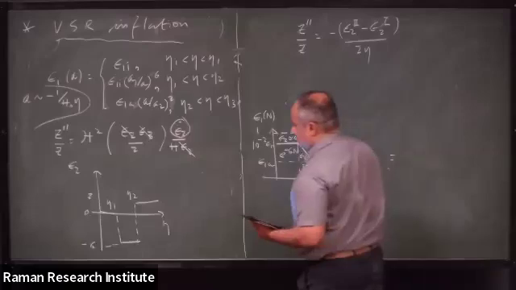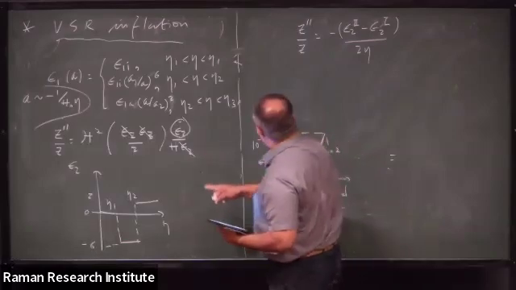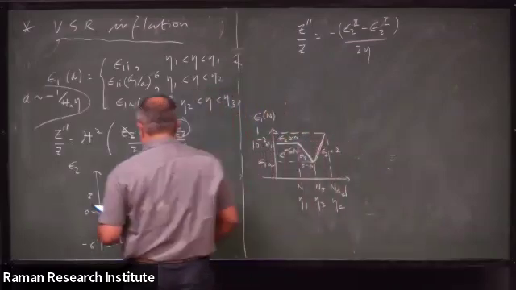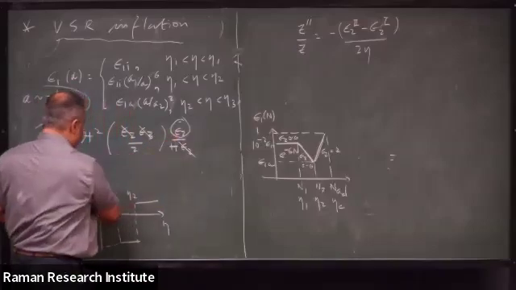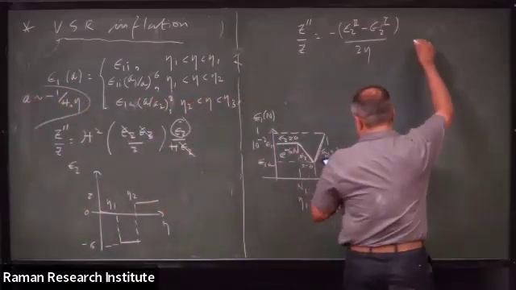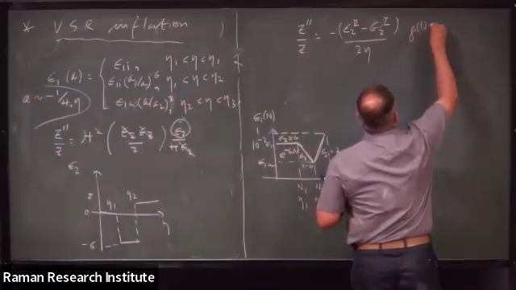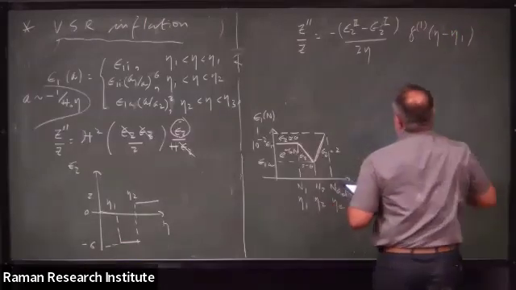And that's because epsilon 2 is just the difference, the change here, okay? And there is a Dirac delta function, delta 1 of eta minus eta 1, okay?